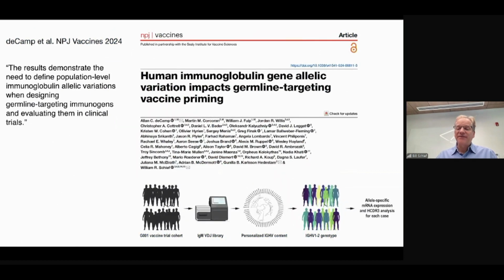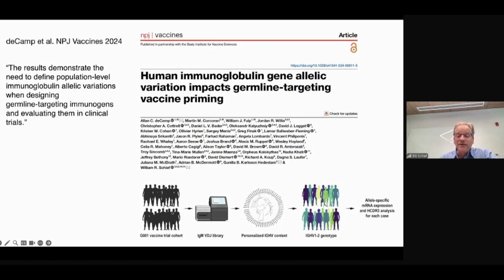Another aspect of that trial that I don't have time to go into, we just published in a collaboration with Nilla and Alan DeCamp this paper in NPJ Vaccines, and this is more directly in line with the germline targeting and allele characterization interest of the AIR community. Basically, this is again related to G002.